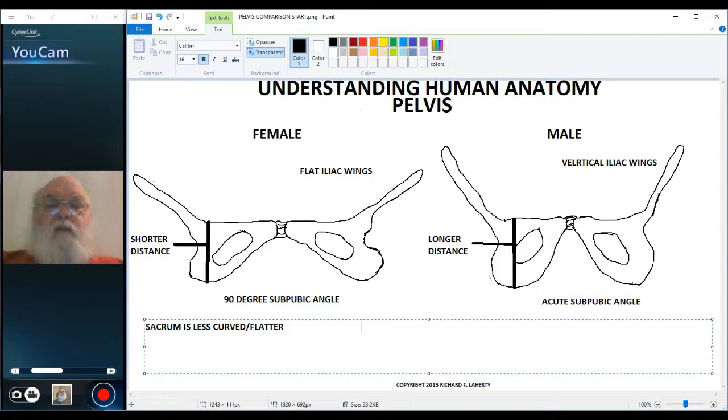Whereas in the male, the sacrum is more curved. Now, what that means is that in the female, the sacrum doesn't protrude into the pelvic canal as much, so it provides less of an obstruction to the passage of the baby during delivery.